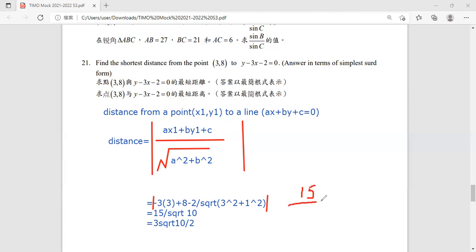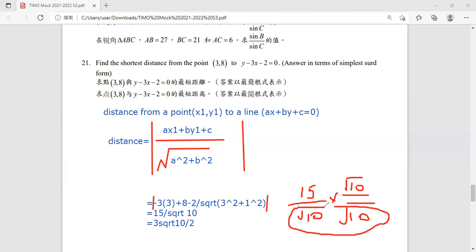On the second last slide, I got the answer with something like this. Now you have to rationalize the denominator. So this one becomes 10. And you simplify, this one will be 3 and this will be 2.